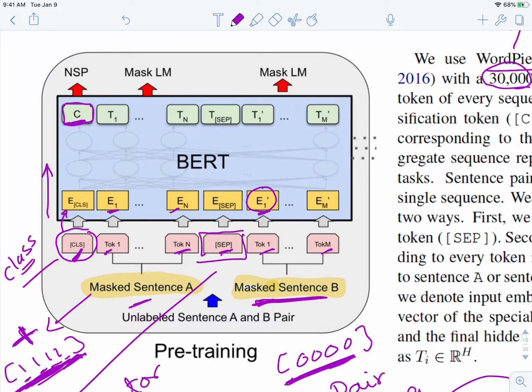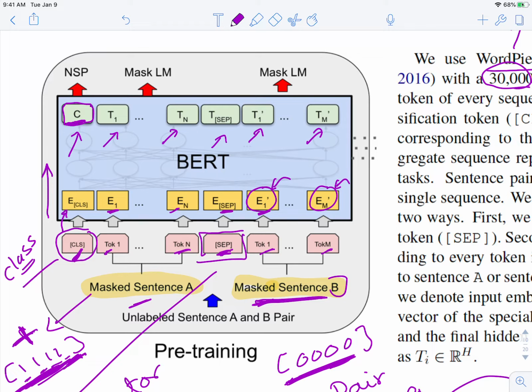This is also an embedding, but because it's for sentence B, we say prime, okay? And we also embed the sentence separator artificial token. Ultimately, our goal is to get a good representation for this CLS token, and we also want a good representation for each of the other tokens, whatever they are.